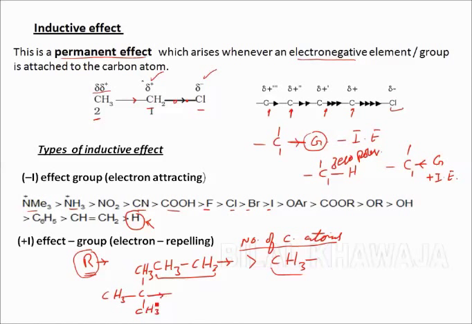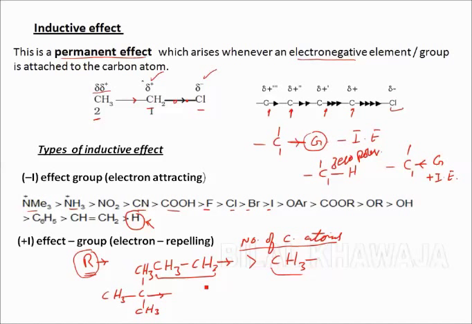This group has much more inductive effect. It contains 4 carbon atoms, so it has more inductive effect than the ethyl and the methyl. We'll learn about the order of inductive effect of some other groups in the next video when we discuss the stability order of the different intermediates.